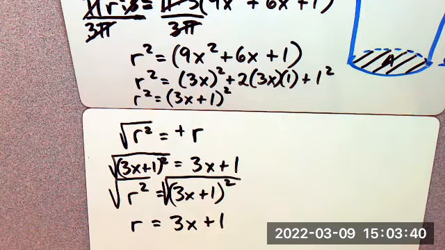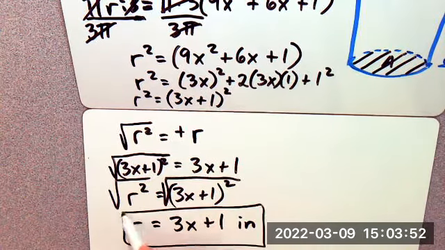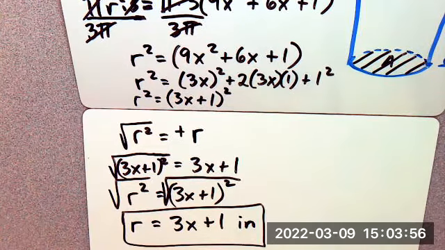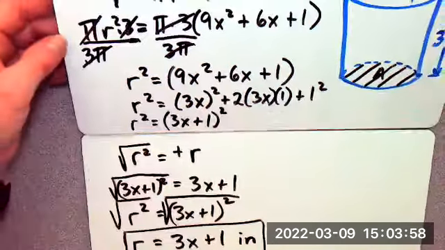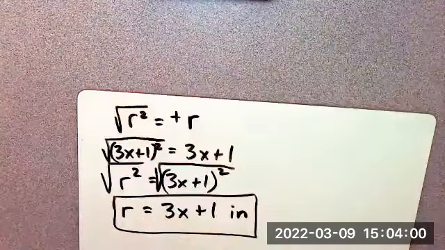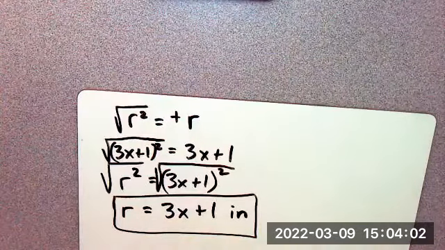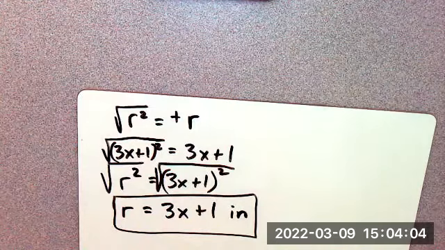Okay, so I think that's as good as we're going to get, and this is in inches, because we don't know what x is. So we'll just say this is our answer. Otherwise, we would solve for x if we knew what x was. All right, let's go with another problem here.